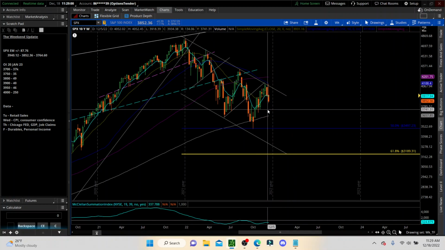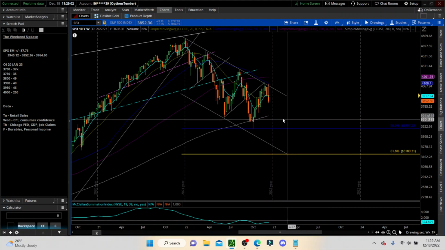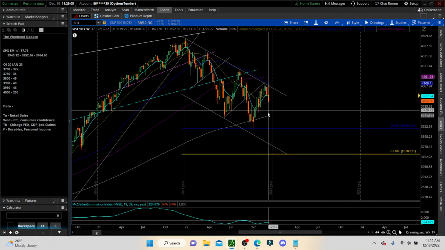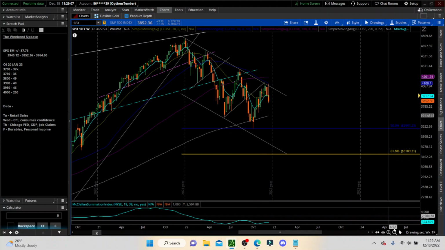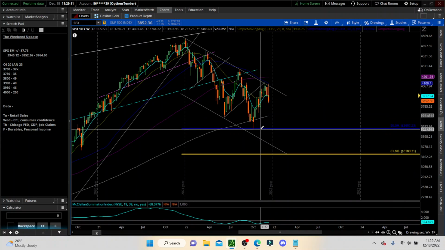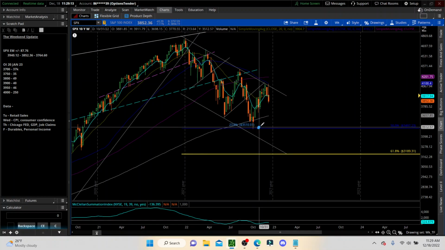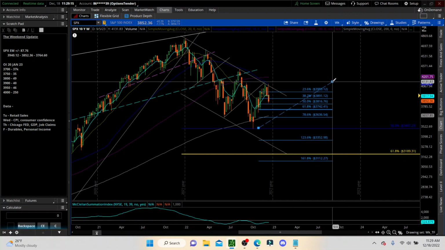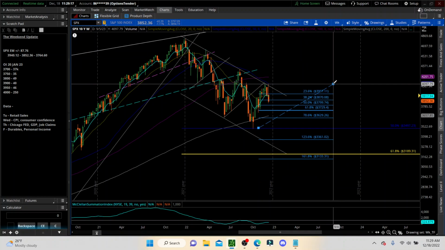So we'd have to make a higher low, and I suspect that would be around a 62% retracement from that low to high. Go to this low to the high here, and we're looking at around 3,800 area down to the 3,700.